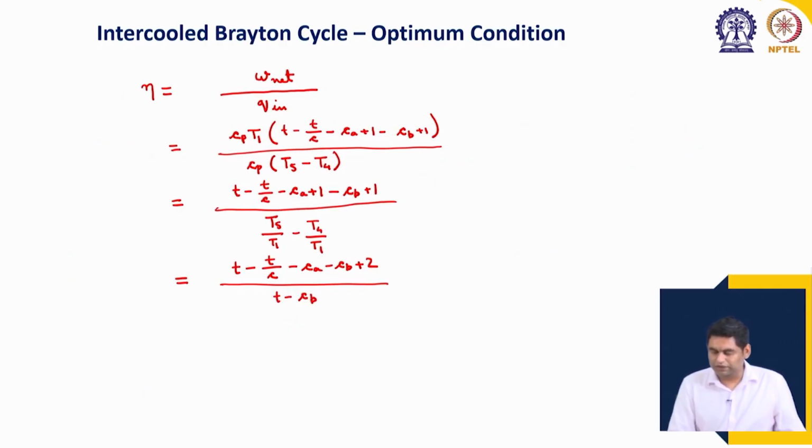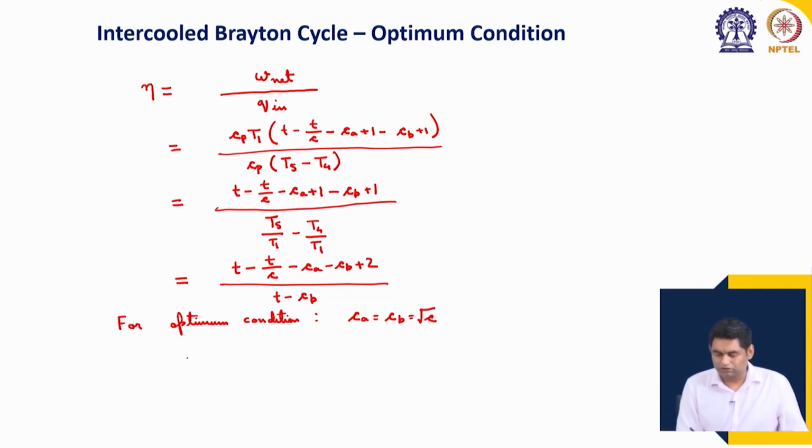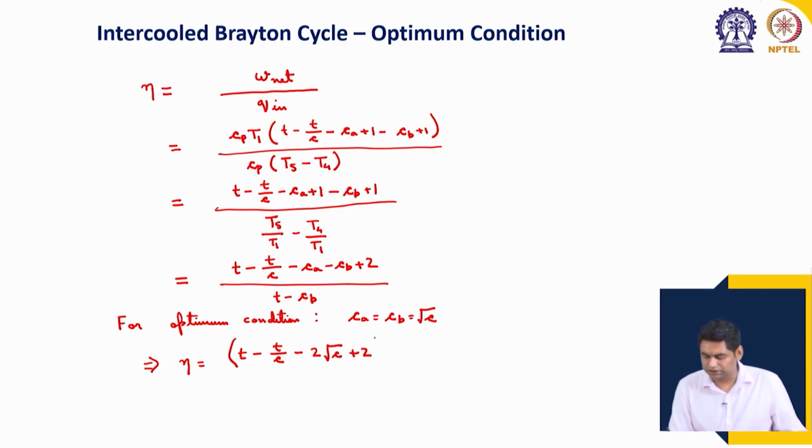Now, remember that for optimum condition, CA equal to CB equal to root C, right. So, which means that efficiency for optimum condition is equal to (T minus T by C) minus 2 root C plus 2. It is a complex expression.